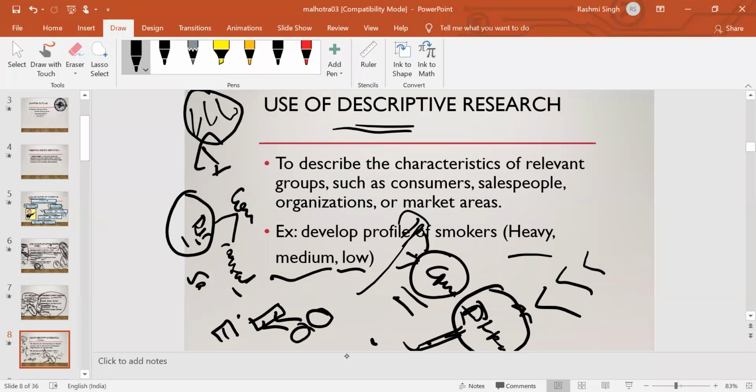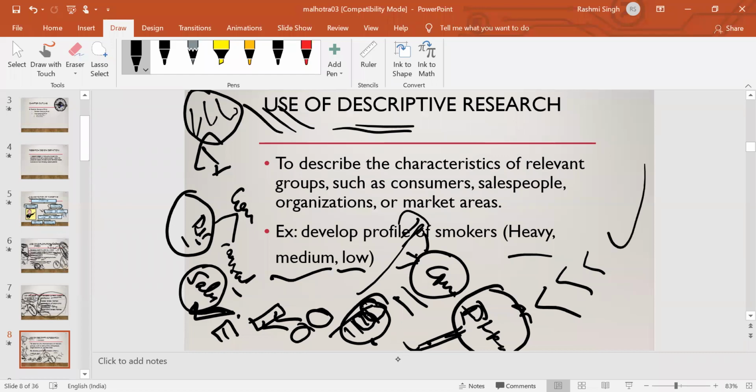Or if sales are very low, then since they have already performed the exploratory study, now they will do the descriptive study. They will start describing each consumer in the target market. If there are 10 consumers in the market, they will do a detailed analysis of each consumer. That is known as a descriptive study.